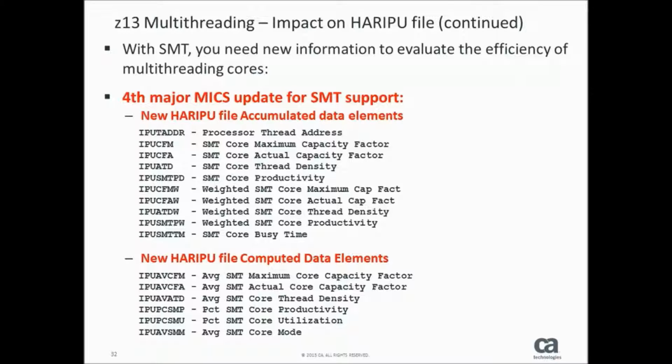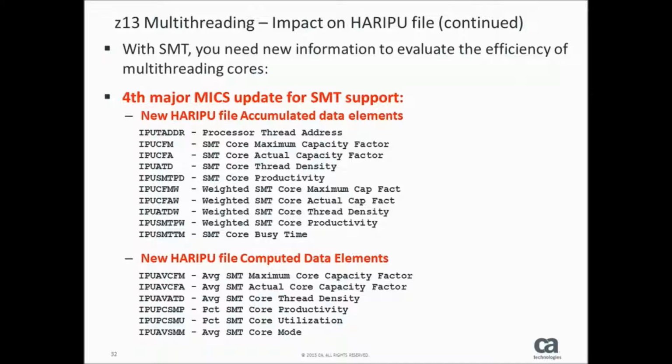So it's usually a little smaller than dispatch time, but you have to weight each one of these factors by the core busy time so that when you aggregate them to a summarized level and show these computed elements, these averages, you have to divide out the thread busy time factor.